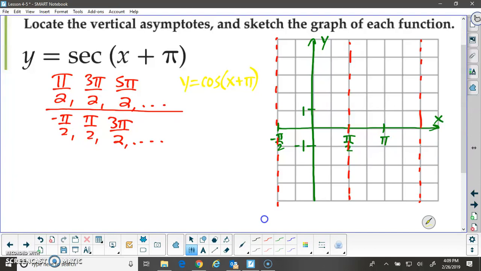Let's see here, pi is going to be over here, and then it's going to cross there. So there's a cosine wave that's been shifted to the left pi units. That makes it easy to know where to draw your U-shaped parabola curves.